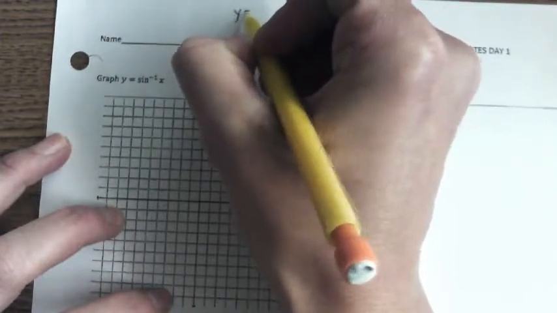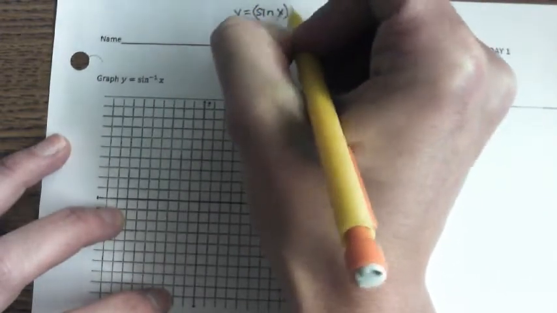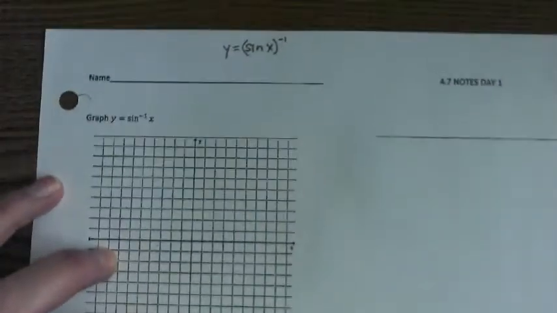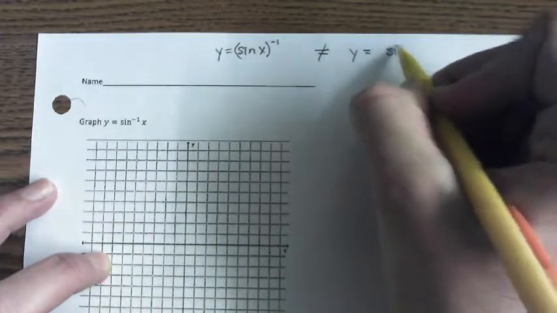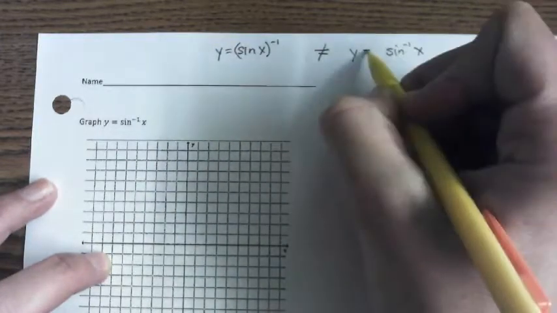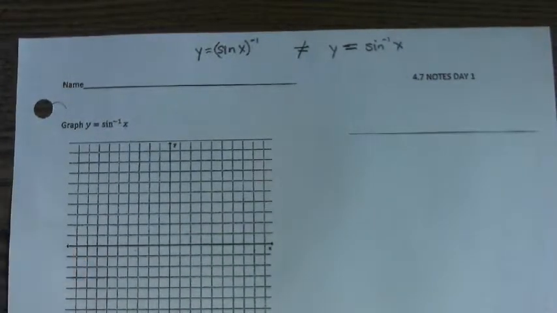Okay, so the first thing I'll say is this. If I take the sine of x and raise it to the negative first power, that is different than y equals inverse sine of x. We understand hopefully that notation.